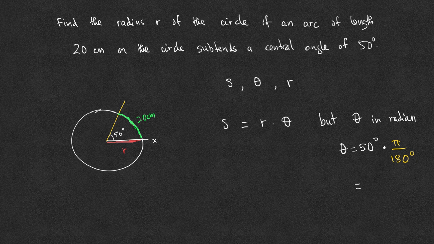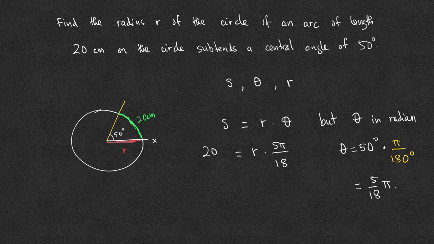50 over 180 is 5 over 18. Pi is pi, and so we would leave pi alone if we want the exact answer. s is 20 centimeters, r is unknown, theta is now in radians, which is 5 pi over 18.